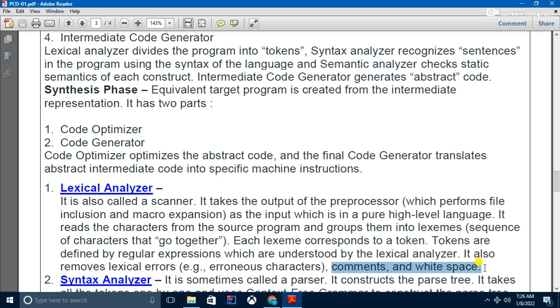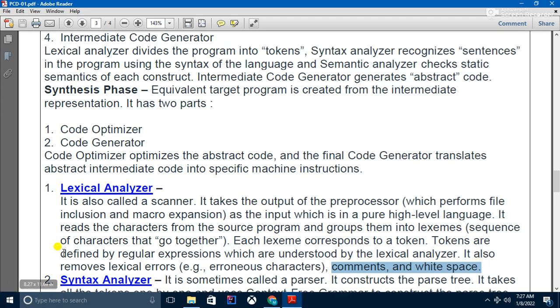In this phase of grouping characters into tokens, if there are any errors, the lexical analyzer removes them. Also, it removes comments and white spaces which are present in our program. So the input to the lexical analyzer is the high level language or source program, and the output will be a group of tokens produced by the lexical analyzer. The grouping of tokens will be based on the regular expressions present in that particular module.